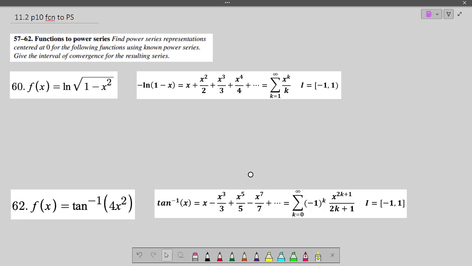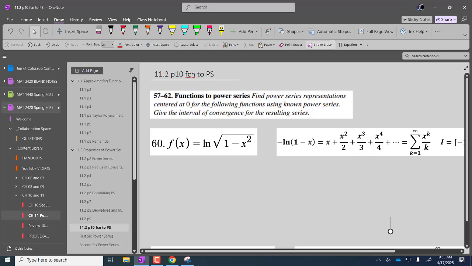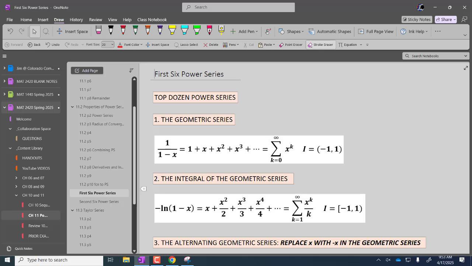We want the power series for this function f. We have a known power series. So let me point out one thing. When we look at our known power series, they are almost all centered at the origin.